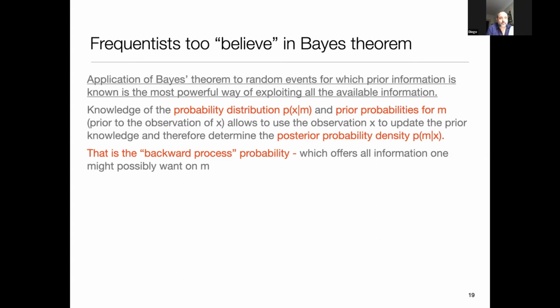Once you know the priors, the best thing you can do is use Bayesian statistics, and this happens every day in medicine, biology, and many of the human and natural sciences. So there is no divide between frequentist and Bayesian statisticians at this stage. If you know the priors, it means you're dealing with random variables both in data X and in parameter M. Then there is no point in doing anything other than Bayes theorem.